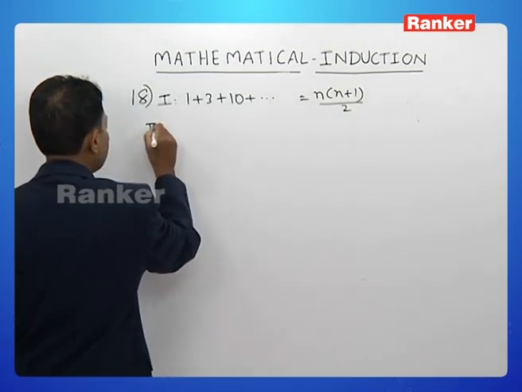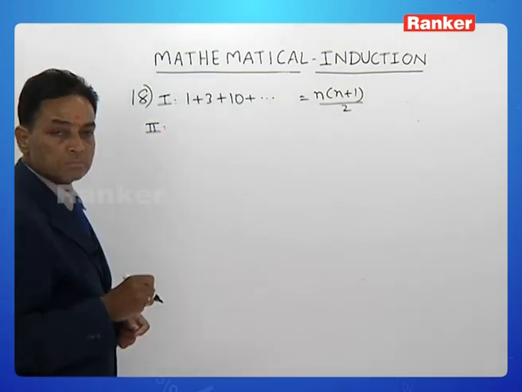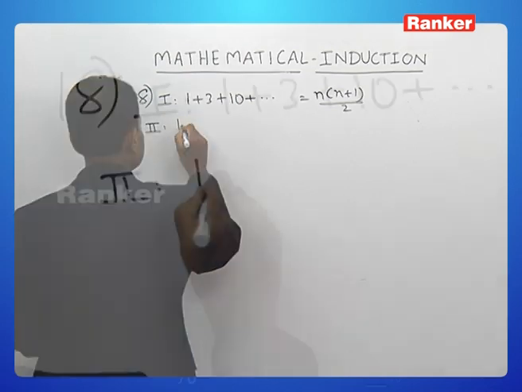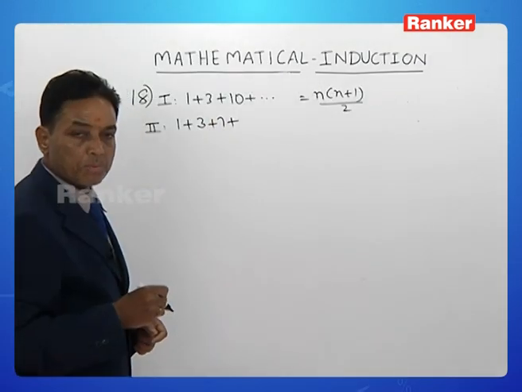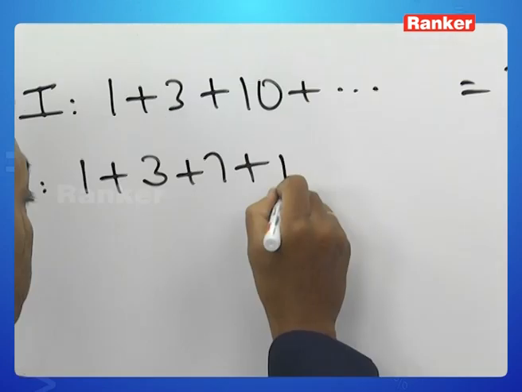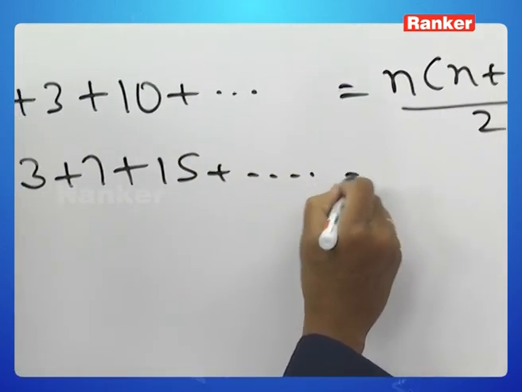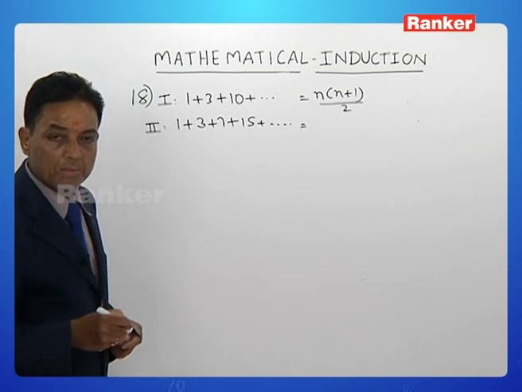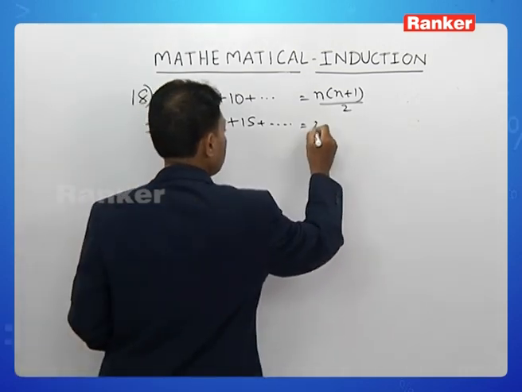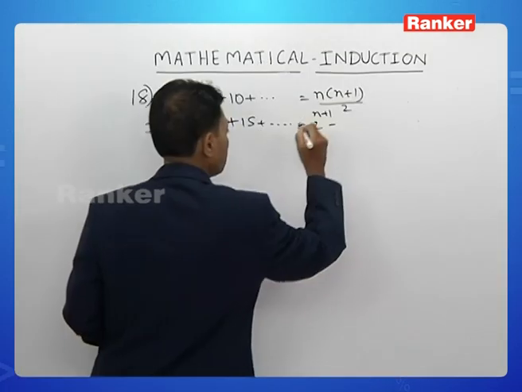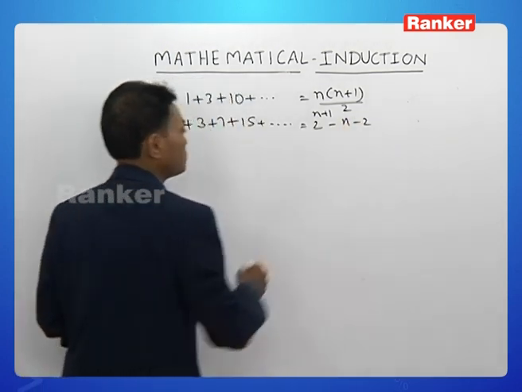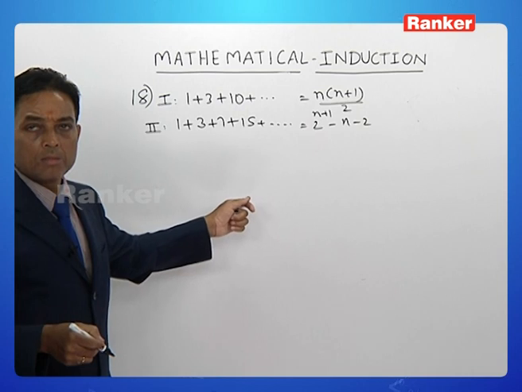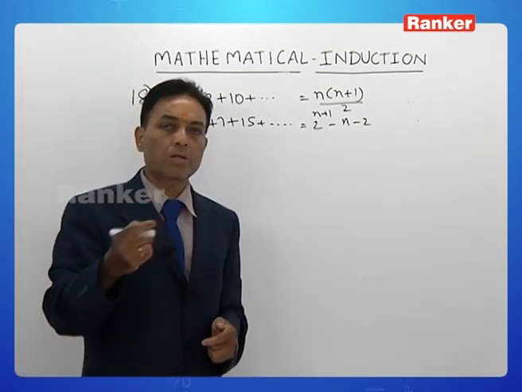Second statement, 1 plus 3 plus 7 plus 15, so on up to n terms, given by 2 to the power of n plus 1 minus n minus 2. Now we have to verify which statements are true, statement 1 or statement 2.